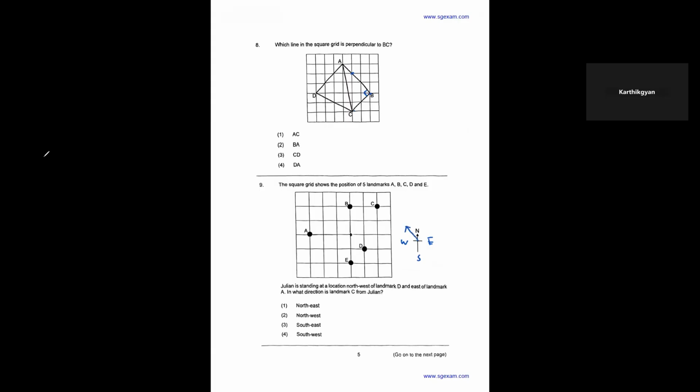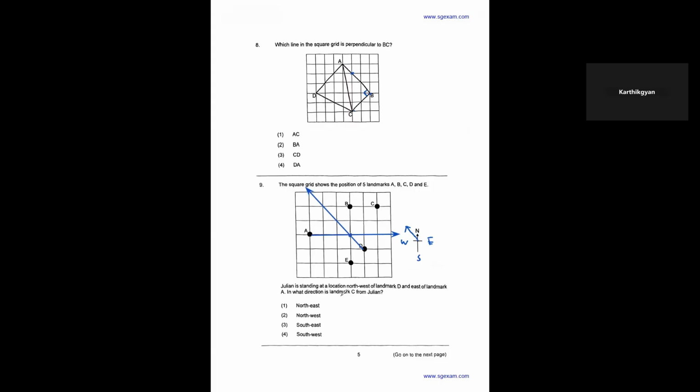From where this person is standing, you're facing northwest, so you cut nicely like this, 45 degrees. And east of landmark A, so from landmark A, you go east. The intersection point is where this person is.